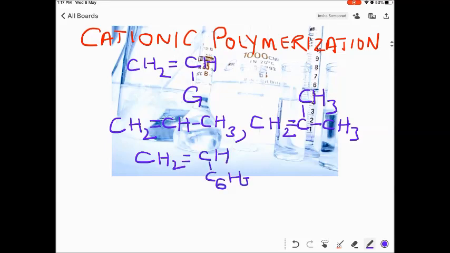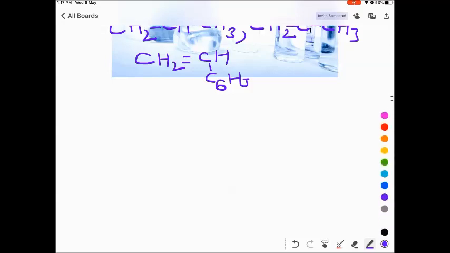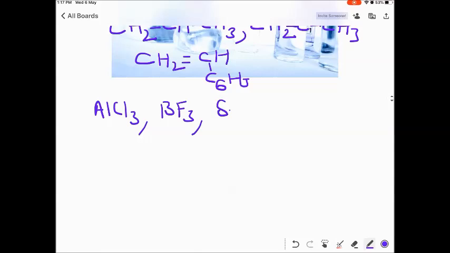Now what are the various reagents used to initiate the reaction in cationic polymerization? Normally Lewis acid catalysts like AlCl3 or boron trifluoride, SnCl4, even sulfuric acid can be used as initiators of the polymerization reaction.